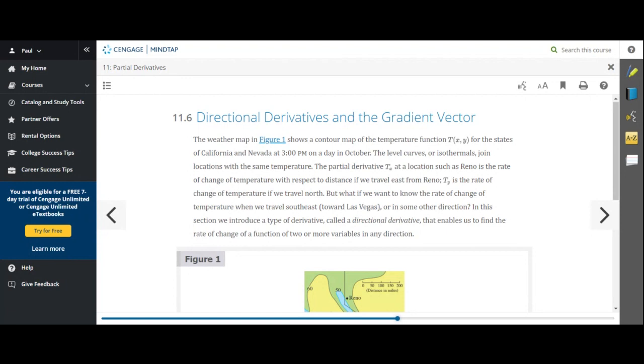You have the partial derivative with respect to x and the partial derivative with respect to y. And the partial derivative with respect to x is the slope of a tangent line with respect to what direction?